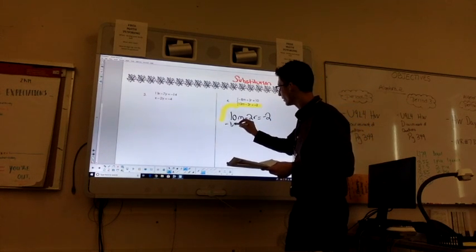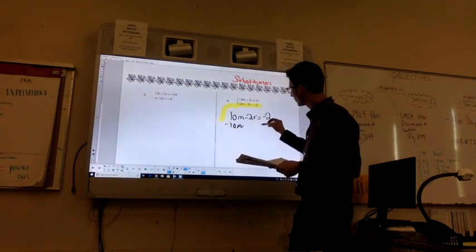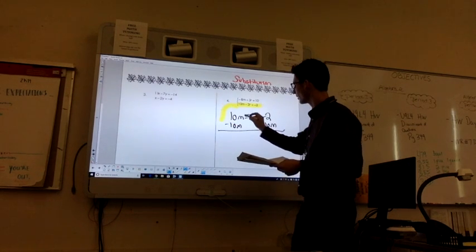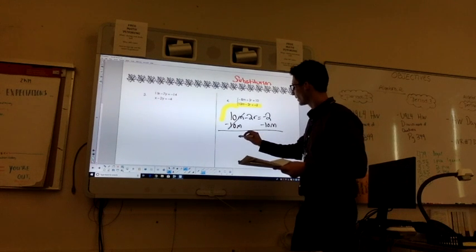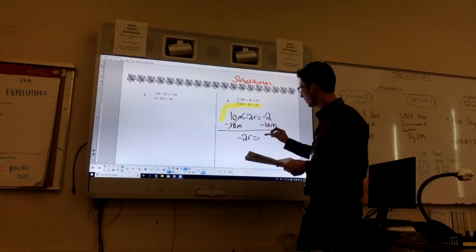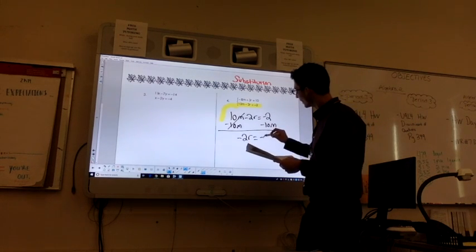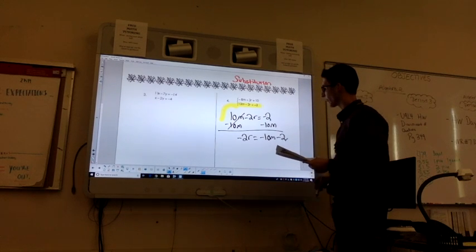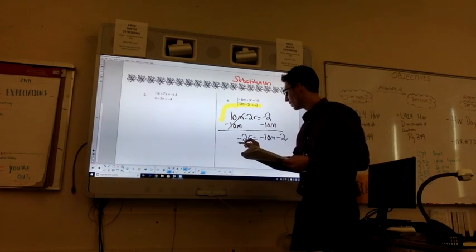So subtract 10m from both sides, because again, I'm trying to solve for r. Cancels out. I have negative 2r equals negative 10m minus 2. Divide by negative 2 on both sides.